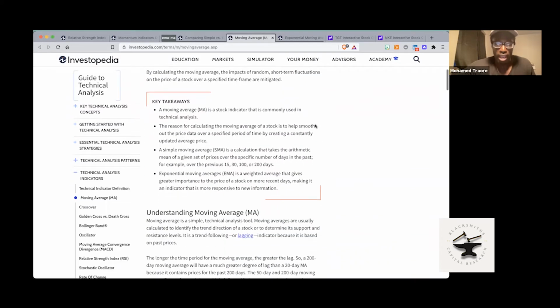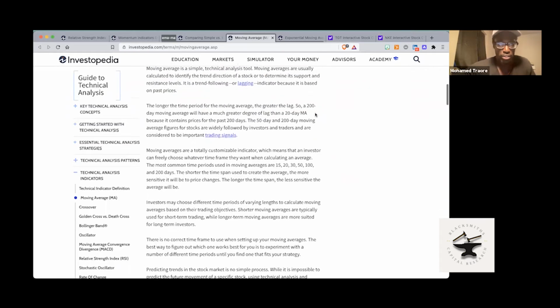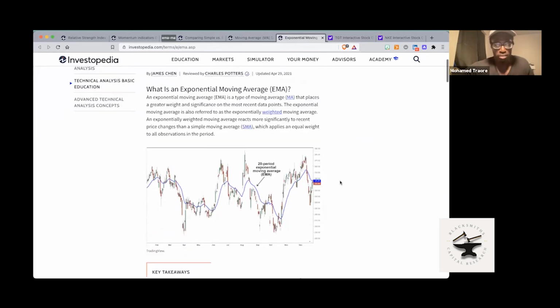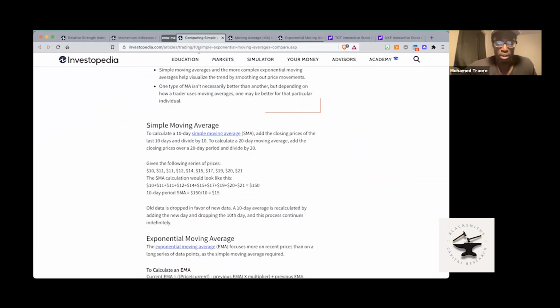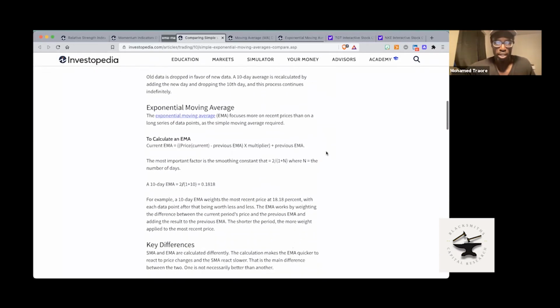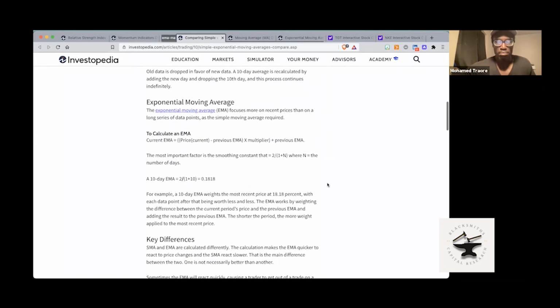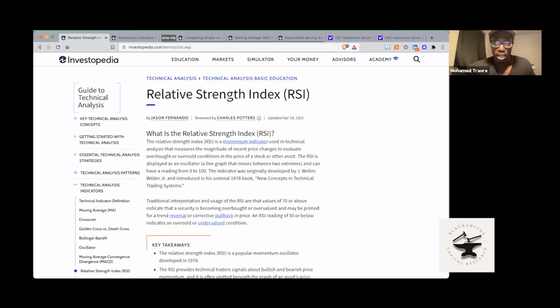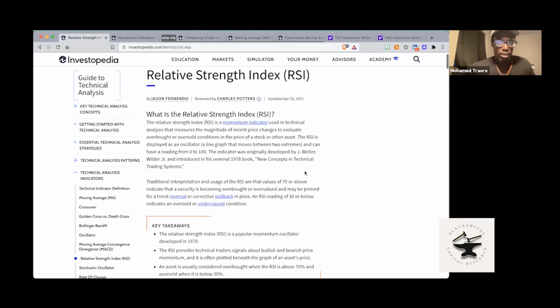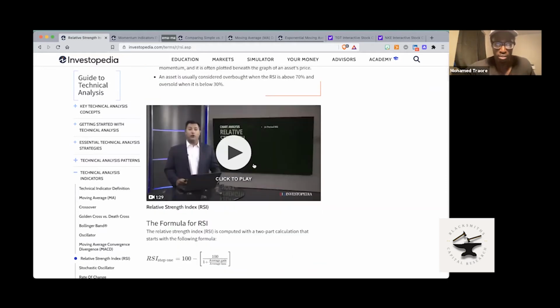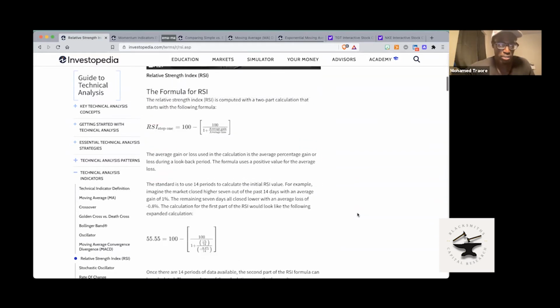It tells you what a moving average is, how it's calculated, ways to understand it, how people use them in trading signals. Same thing with exponential moving averages, right? And then there's another article comparing the differences between the simple and exponential moving averages. You get to see the difference in how they're calculated, some key differences in how they're used. There's an article on the momentum indicator, relative strength index as well, how it began being used, how people like to use it, and a quick video on it to explain it to you.